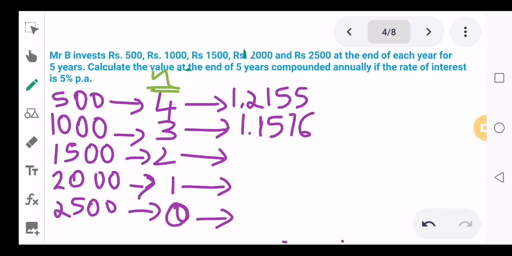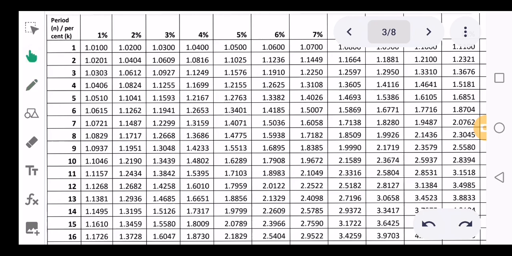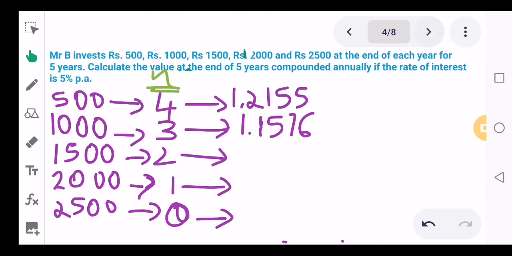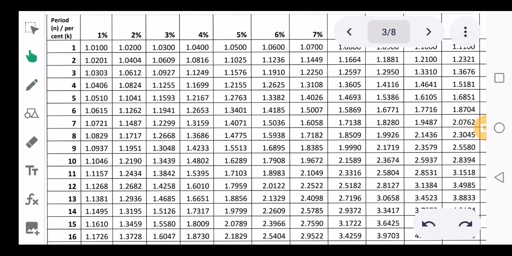Now for 2 years, the interest rate is 5%, and the factor is 1.1025. And 5% for 1 year is 1.05.